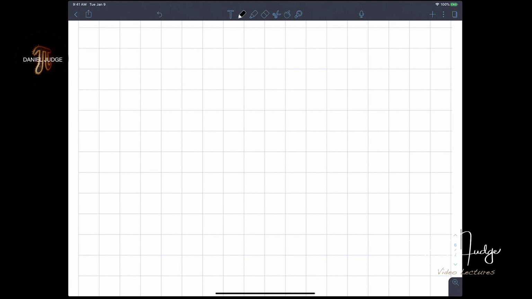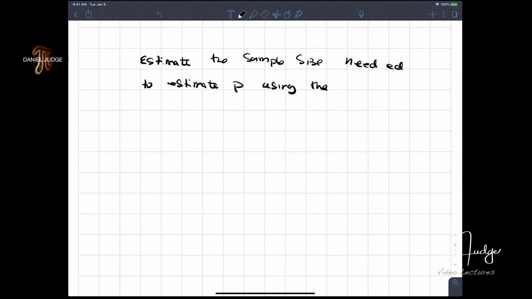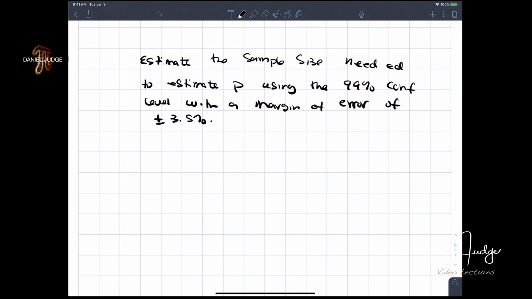And so for another example, they may say, okay, we're going to estimate the sample size needed to estimate a sample proportion, using, let's go back to the 99% confidence level with a margin of error of plus or minus 3.5%.